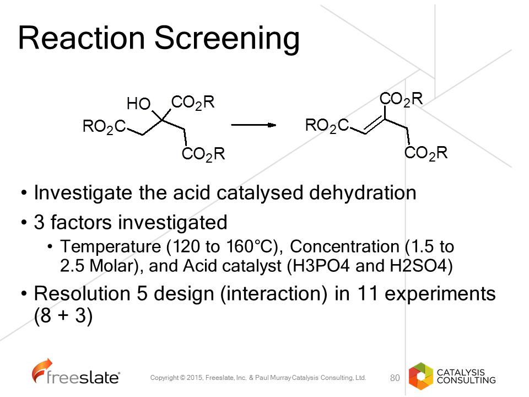The temperatures investigated were 120 and 160 degrees, the concentration from 1.5 to 2.5 molar, and the different acid catalysts we were going to use, whether it was phosphoric acid or sulfuric acid. In this case, a resolution 5 design was carried out in 11 experiments. Because we only had 3 factors, we were able to do this.